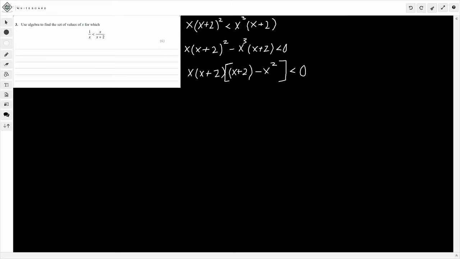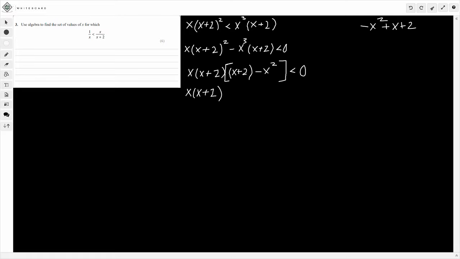Now, we've got to simplify this square bracket here. Because typically when you simplify this part in the square bracket, you'll be able to factorise again, and you'll have a product of factors. So this will give me x times x plus 2, and in the bracket, minus x squared plus x plus 2.